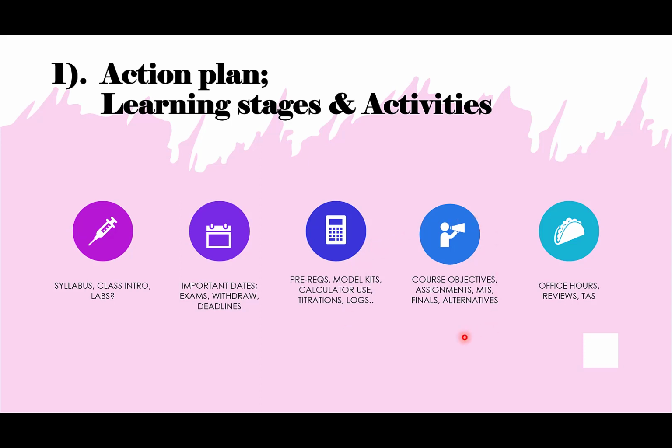The next thing is to be aware of the course objectives. The course objectives can be classified up to the midterm, after the midterm, and so on. Just have a good idea of the course objectives, right? And also know what the assignments are, how you can get full marks for the assignments, the midterms and the finals. And also, are there any alternatives?